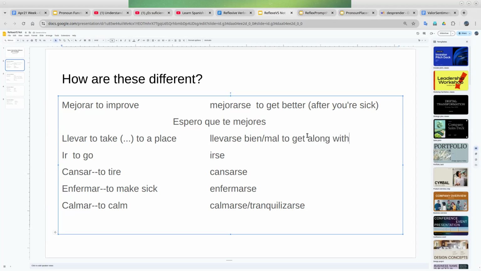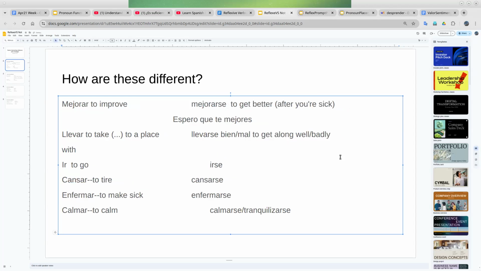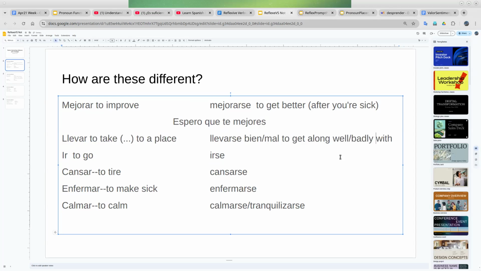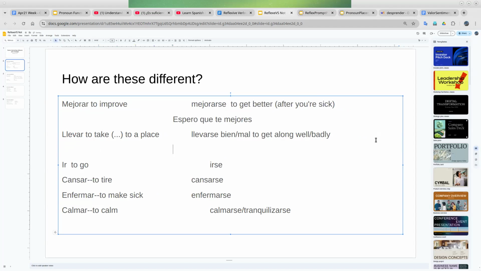To get along well or to get along badly with somebody, right? Okay. So you might just hear the idea expressed this way. So let's see how they might use that.